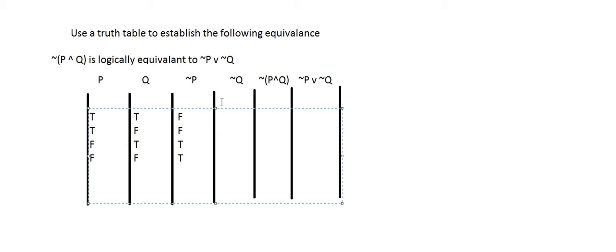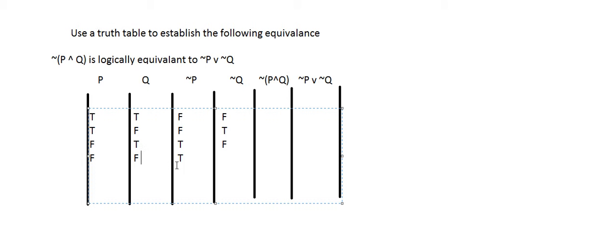Okay, for my not Q, it would be the opposite of Q, so the first one will be false. The next one will be true. The third one would be false.